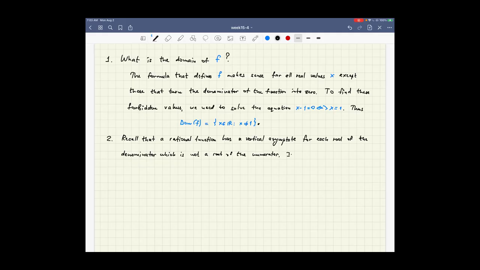So in our case, the only root of the denominator is 1. And it's not a root of the numerator, which is easy to check.